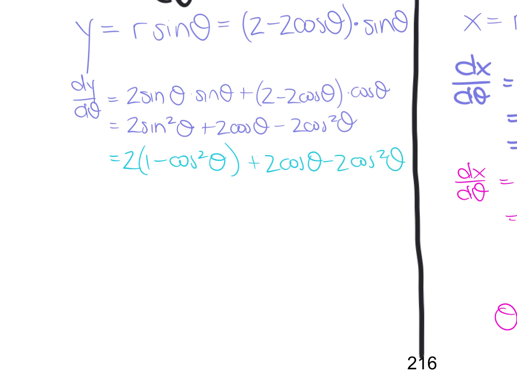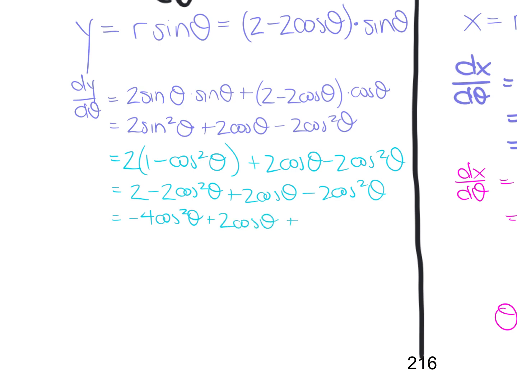By substituting that, that puts everything in terms of cosines, which is going to make this into a trinomial that I can factor. So this, I'm going to clean up a little more and make it 2 minus 2 cosine squared plus 2 cosine theta minus 2 cosine squared theta. Combining my like terms gives me negative 4 cosine squared plus 2 cosine plus 2.